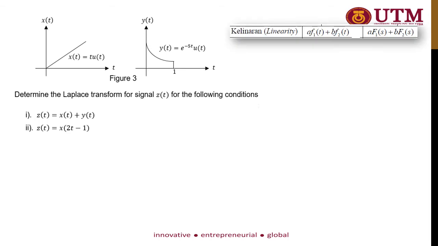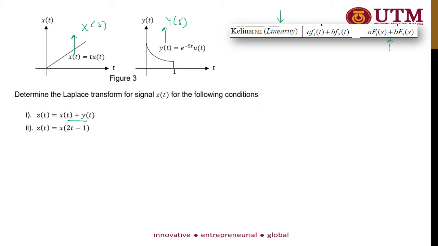You may find that the addition between two signals follows the linearity property, in which the addition of two signals will be the addition of the two signals as well in the s domain. So now you need to determine what is X(s), and also what is Y(s).